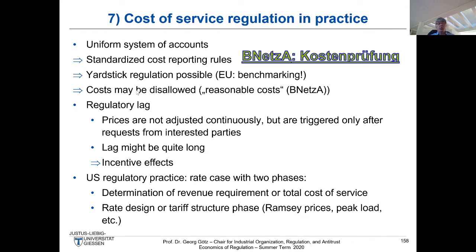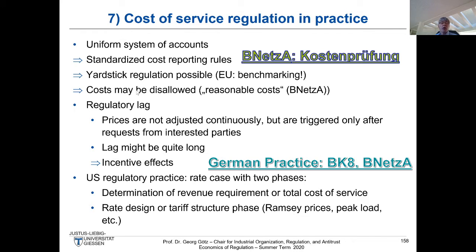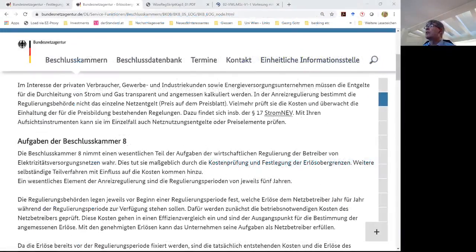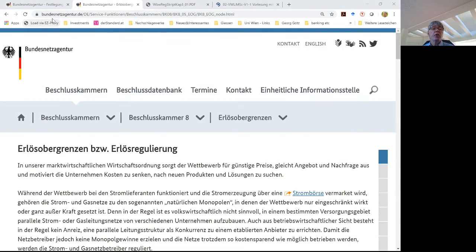In Germany, I want to go again to German practice and refer you to the webpage of the Federal Network Agency, if I'm able to find that right here. I hope that it's visible right now. This is from Bundesnetzagentur.de, Beschlusskammer, BK08, the 8th chamber.